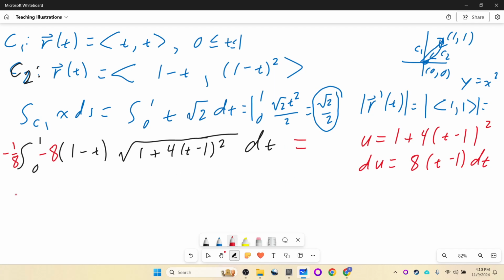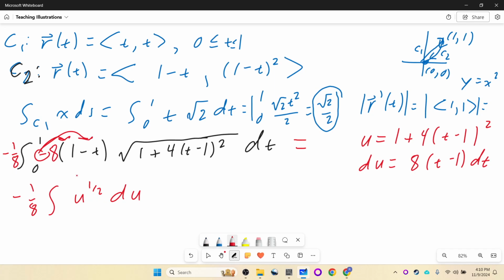So this will become negative 1 over 8 integral of u to the 1/2. Why did I put a negative there? Oh, yeah, because the negative needs to distribute in there. Okay, so du.